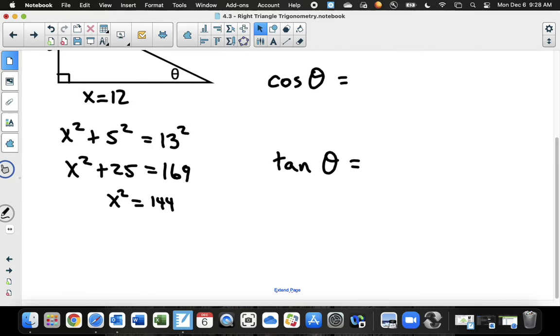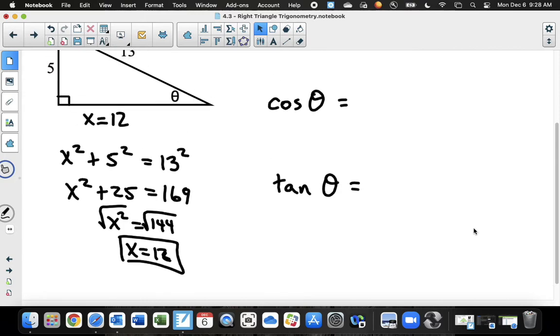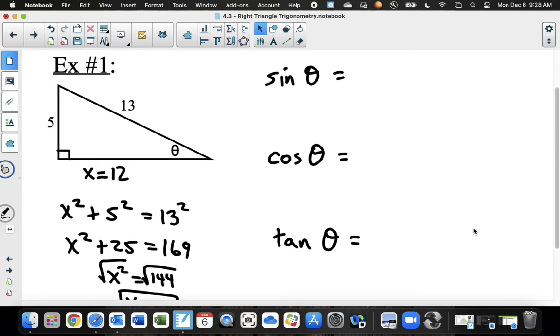Take the square root of both sides, and the square root of 144 is 12. So if you didn't remember a 5, 12, 13 Pythagorean triple, here's what you would have done otherwise. Just set up your Pythagorean theorem and find your missing side length. And therefore, now that I have all three sides, we can just use those sides to answer the question.